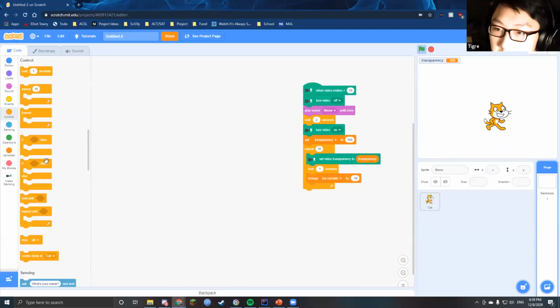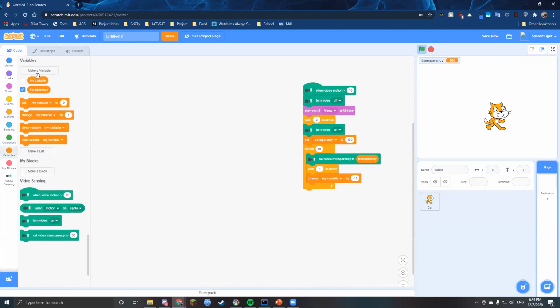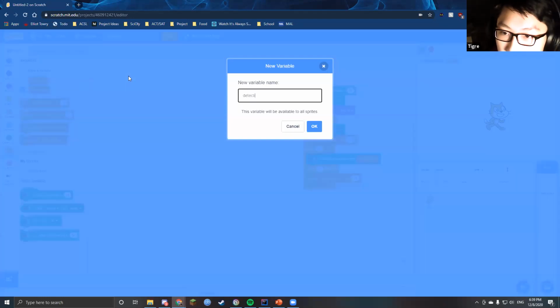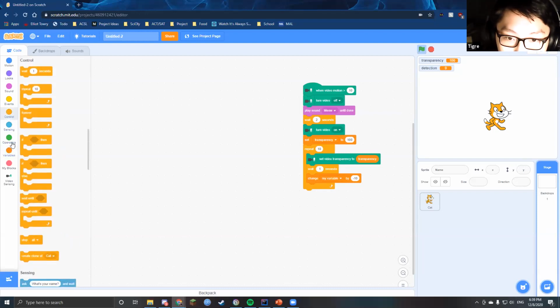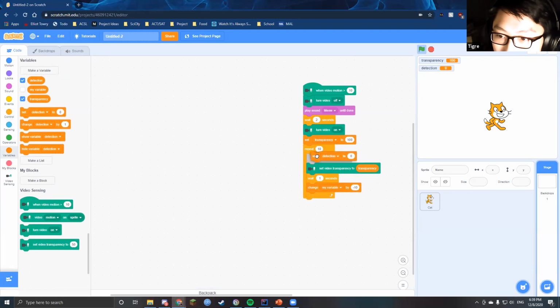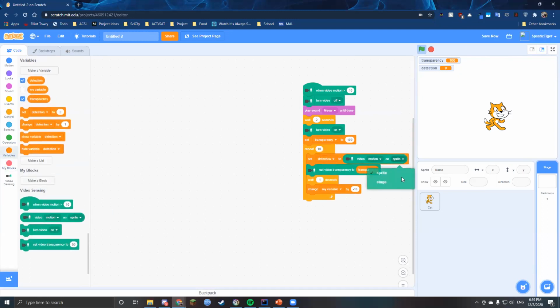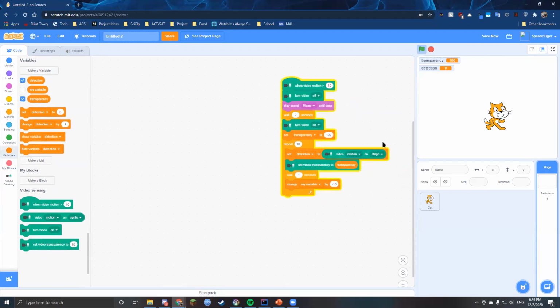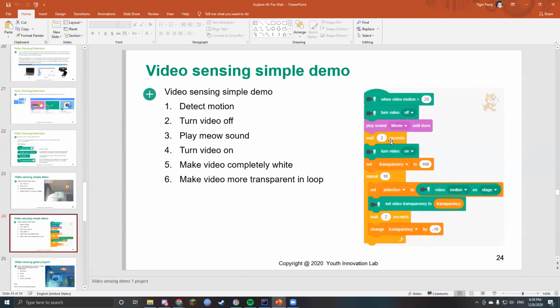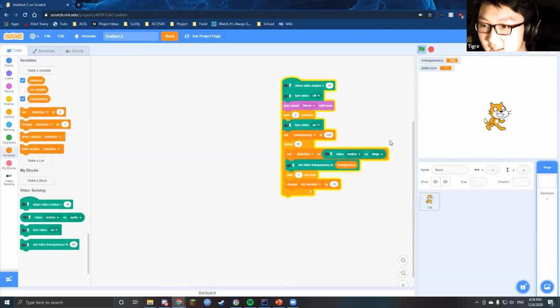Yeah, you don't really do that. Not exactly the same. I don't see why that would make it break though. Video motion on stage. Yeah, they need to detect what you're really on the stage. Doesn't seem like it's going to change anything.